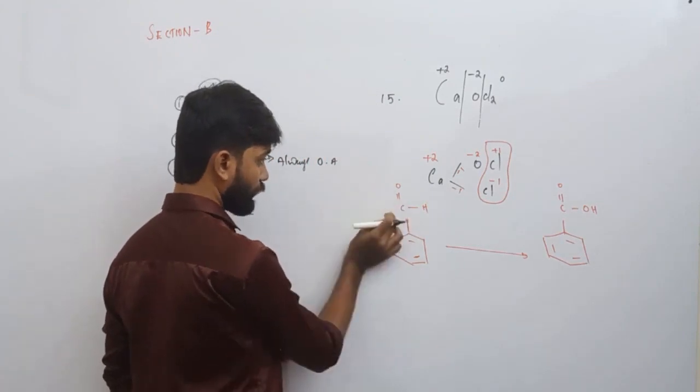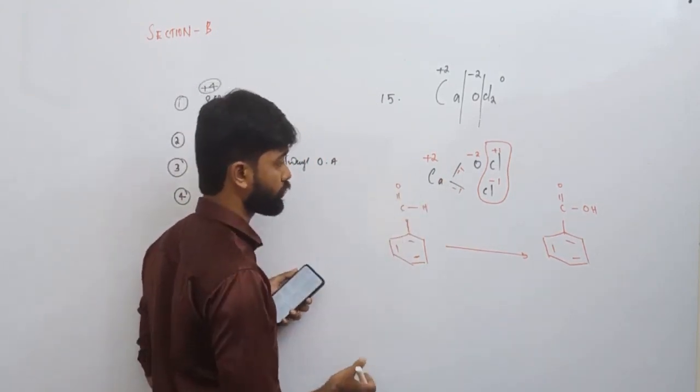So you find the oxidation state of carbon here, then what is the change?